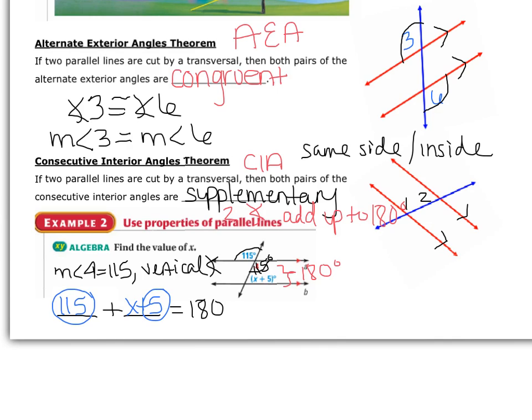My gosh, we've done this. x plus 120 equals 180. Solve for x. And by now, y'all are amazing at this. So x is 60. And that's how you use all of these special angles to solve for x and to find measurements of angles inside parallel lines.